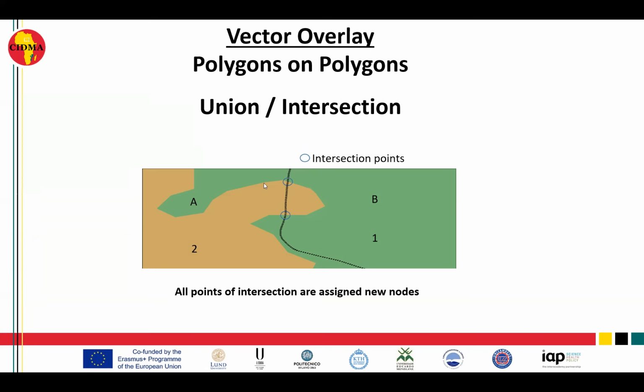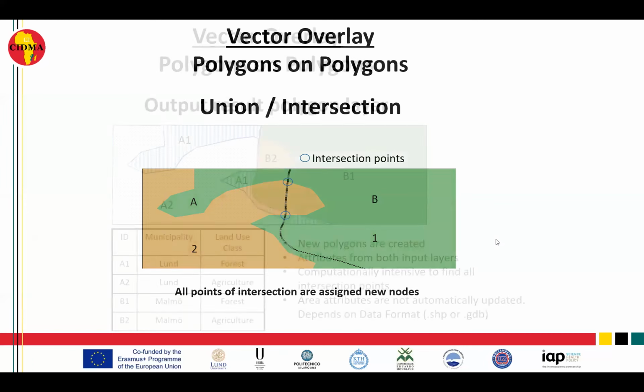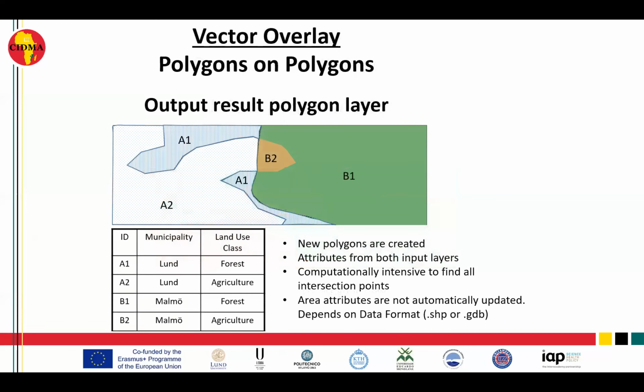So we don't only have coordinate pairs. It will have to find these intersection points and break and redo the polygon layer that is output.